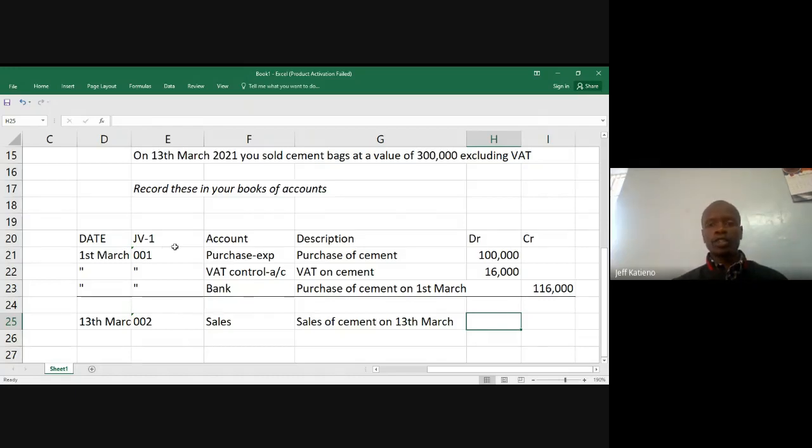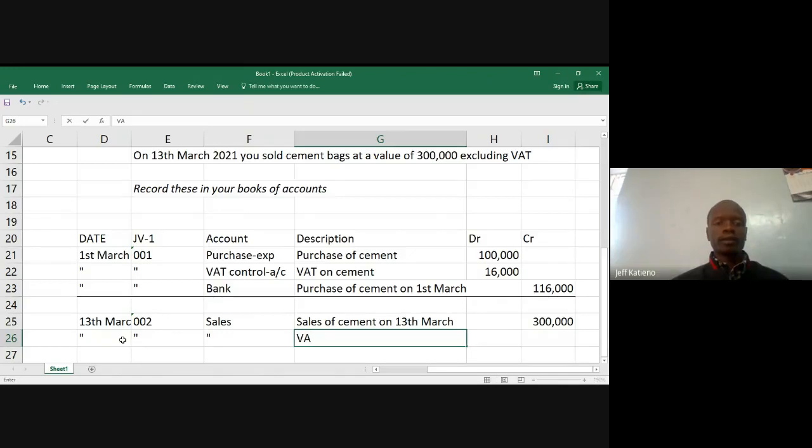So sales are credited, so this one would be 300,000. Then you'll have VAT again, because when you are selling something and you are VAT registered, you'll have to charge VAT unless you are not VAT registered. So this will be VAT control account.